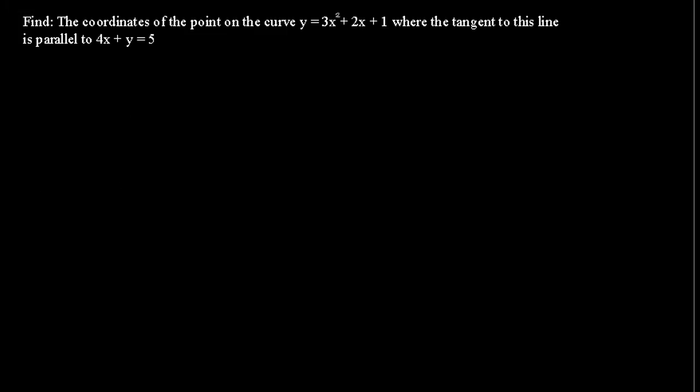So here we go. What do we know? We know the coordinates of the point on the curve is what we're looking for. So the curve is f of x, which is y, is equal to 3x squared plus 2x plus 1, where the tangent line is parallel to 4x plus y is equal to 5.